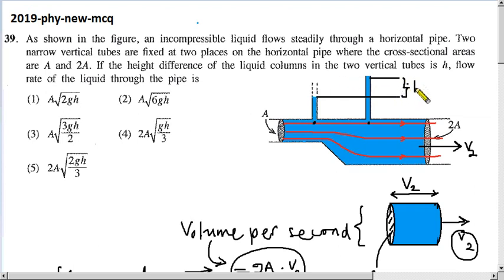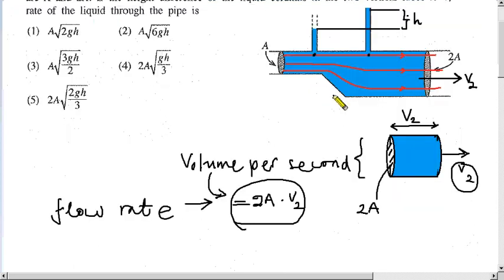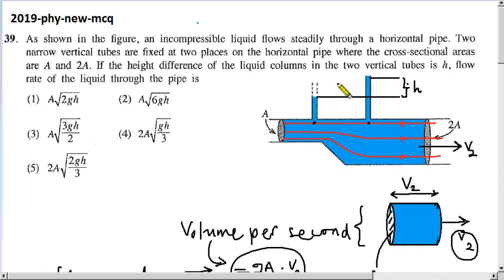So we can use it. Now you have to think about why there is a height difference. So you have to use the theorems you have learned. At this point, let's suppose the velocity is v1.